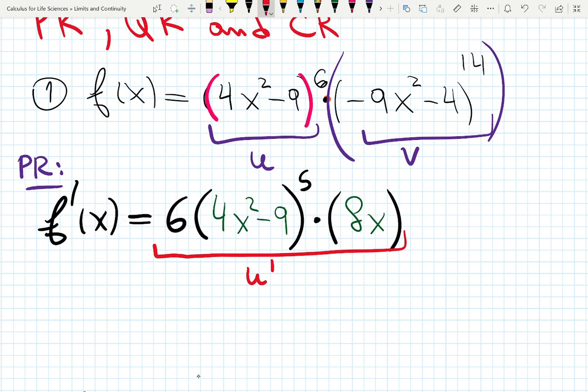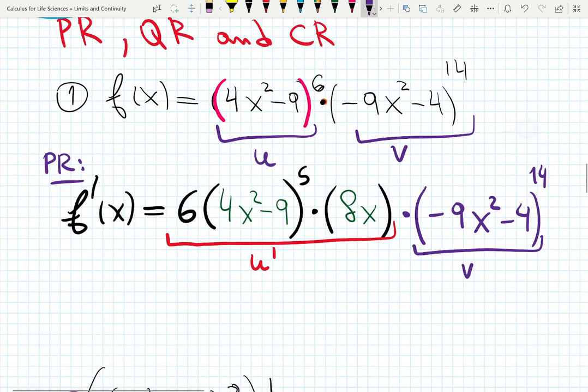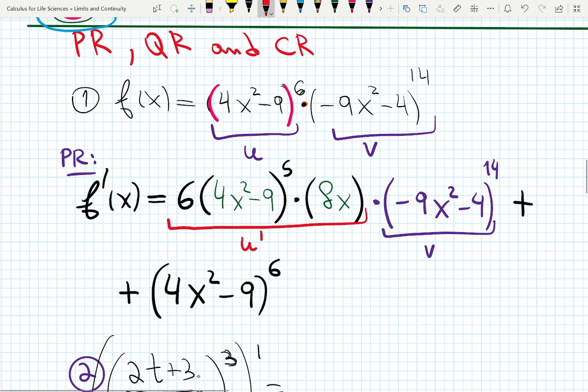Now, what does the formula say? Copy v, exactly. v is minus 9x squared minus 4 raised to the 14. That is your v. I just copied it. That is the formula for the product rule. Plus, copy u. That is (4x squared minus 9) raised to the 6.